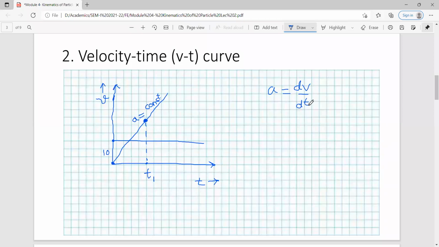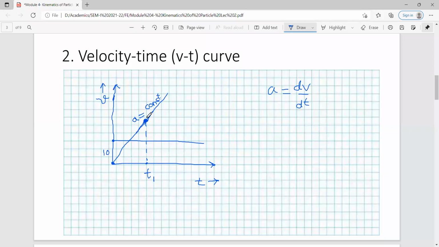Velocity time curve, which is our acceleration. So at this point, I will draw a tangent. As you know that it is a straight line, the tangent will also be along the straight line only.